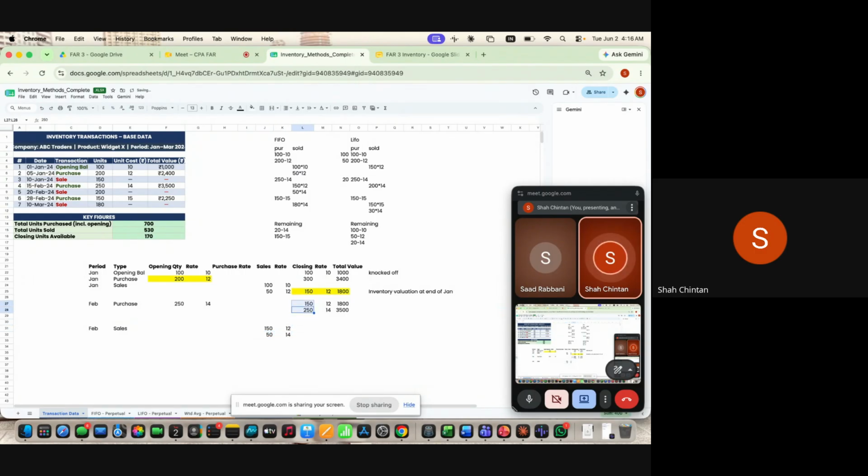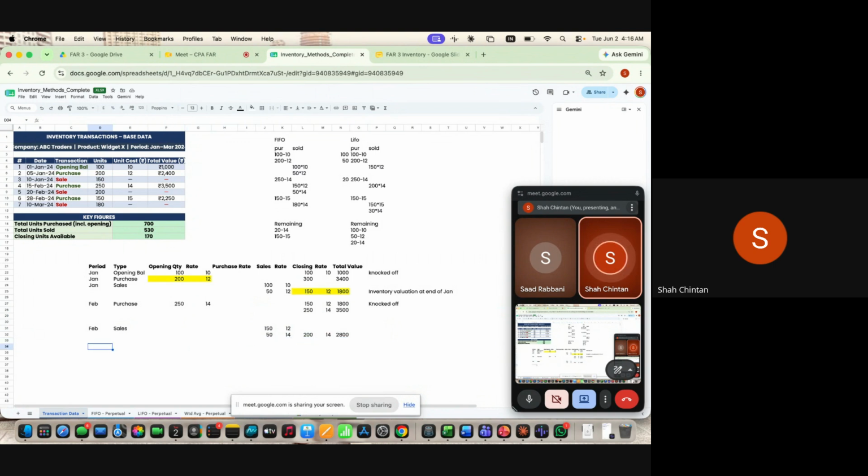So you had an inventory of 400. Out of 400, 200 are sold. So what is left as inventory? 200. This is completely knocked off. So you have all 200 units lying at $14 each, and your value of inventory becomes $2,800 at the end of this particular transaction.